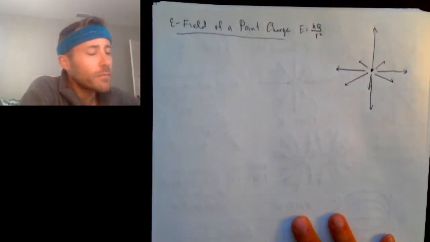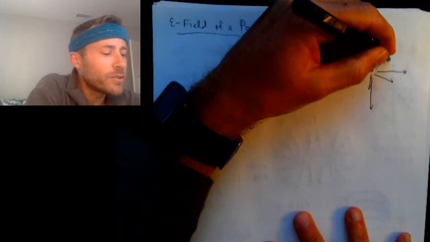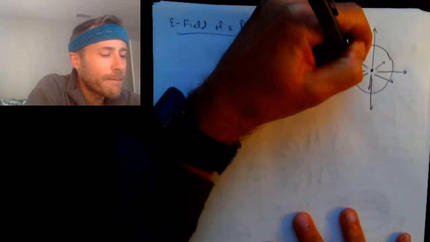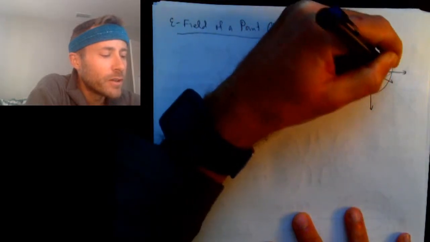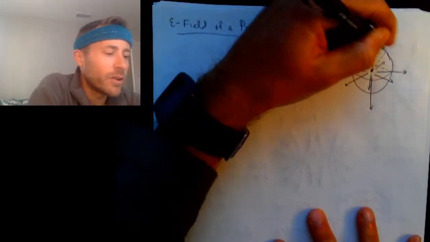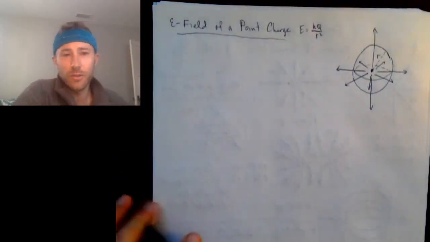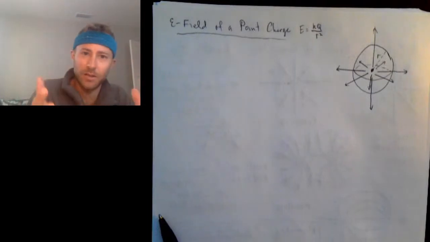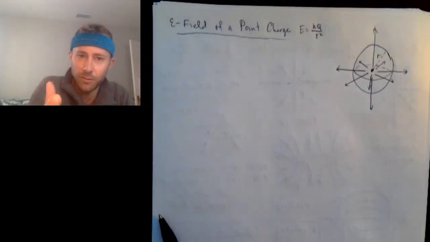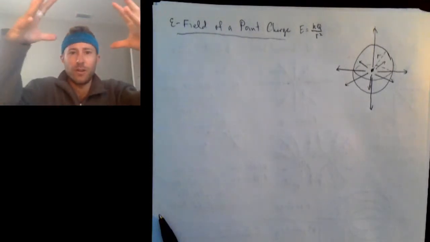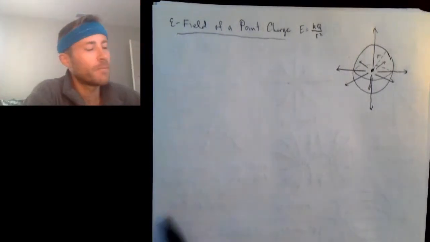And so our Gaussian surface is going to be a sphere centered on the point charge. The radius of the Gaussian surface, we're going to call r. Now, Gaussian surfaces are completely imaginary. We're imagining calculating the flux through it. So I'm imagining a Gaussian sphere centered on the point charge that has a radius r.